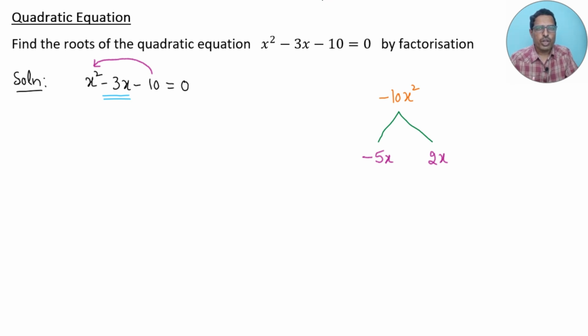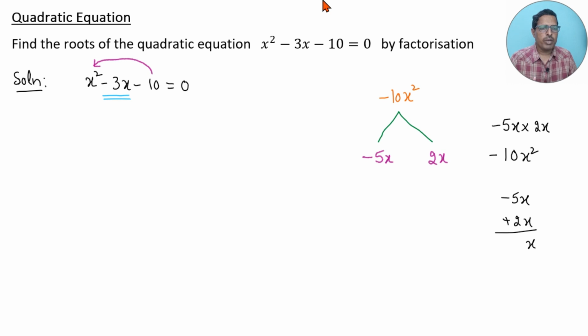So let us see over here what we have. Minus 5x is being multiplied by 2x. So 5 2s are 10, minus into plus will be minus, x into x will become x square. So are you getting that one? Minus 10x square. But now if you add it, minus 5x plus 2x, this x will be retained as it is.